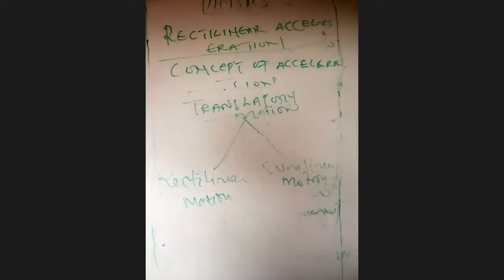While curvilinear motion is the type of motion in which all the particles of the body move through the same distance at the same time in the circular form, or in the curved form. So that is rectilinear motion and curvilinear motion.